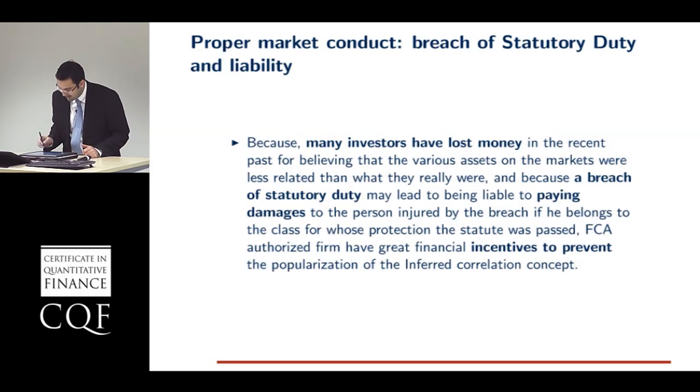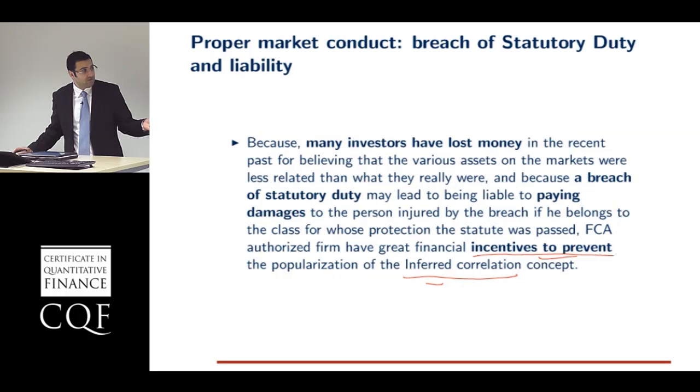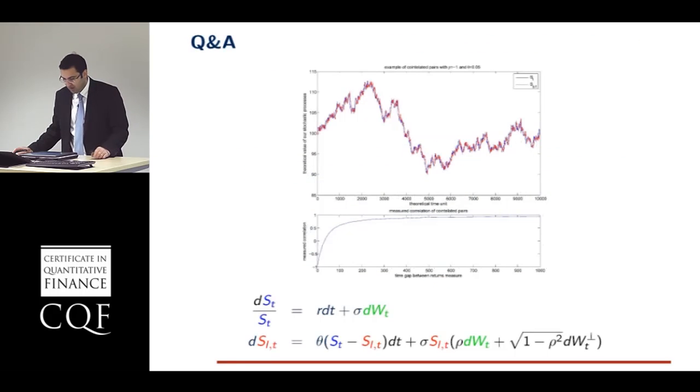So there's a huge incentive for the banks at the moment to prevent the popularization of the inferred correlation concept. So if you're a salesman, please be aware of these practices, and if you're a client, please be aware of these practices as well.